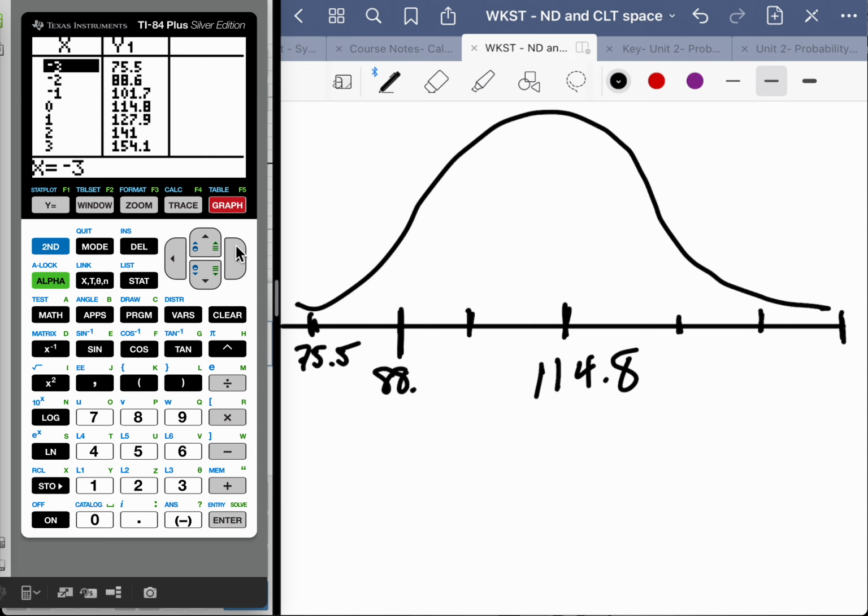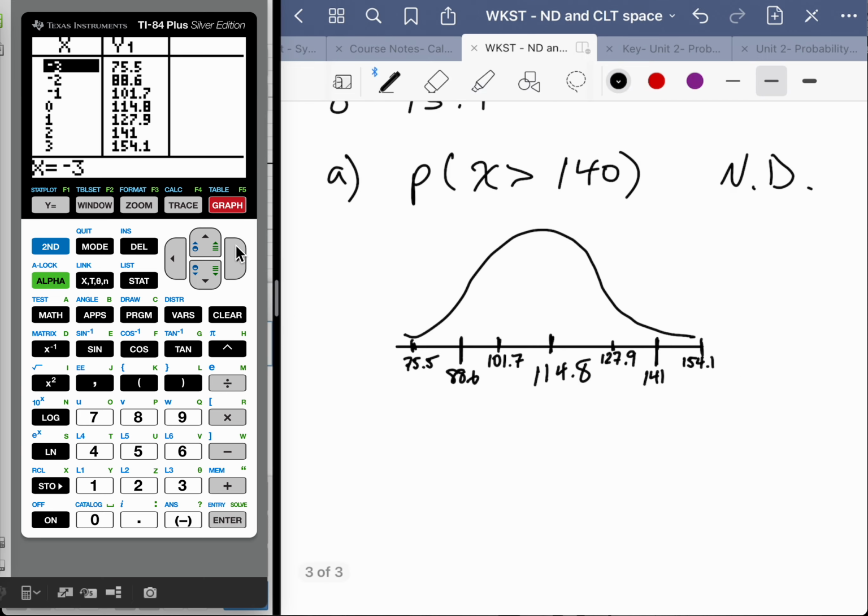88.6. 101.7. 127.9. 141. And 154.1. All right, so bigger than 140 is right on the edge of what would be considered unusually high. 140 is just a shade below 2 standard deviations above the mean.